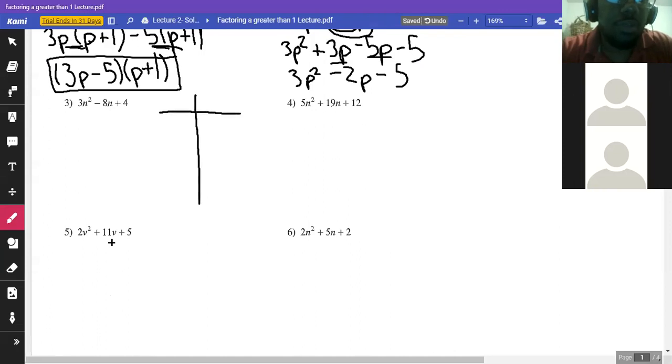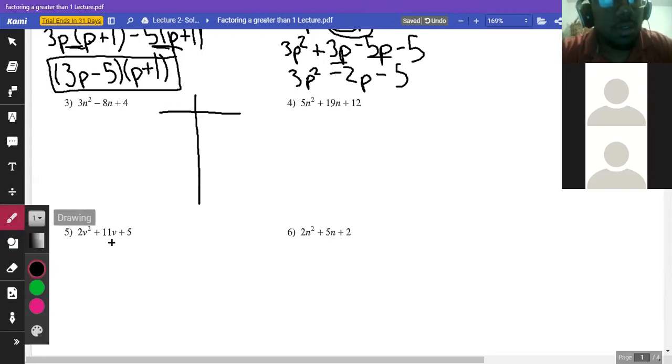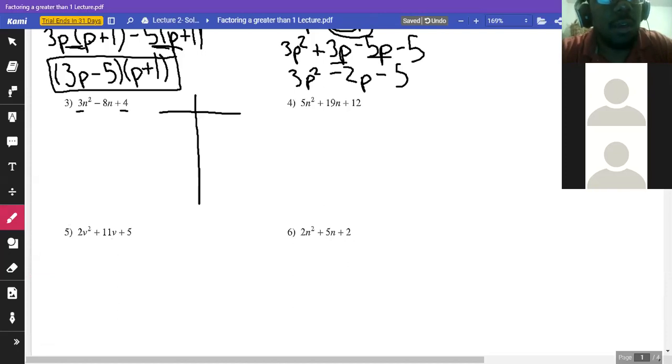Looking at 3n squared minus 8n plus 4, I'm trying to find two numbers that multiply to give me 3 times 4, or in other words, multiply to give me 12. I'm getting that just because I'm multiplying my leading coefficient by the number on the end, my constant.